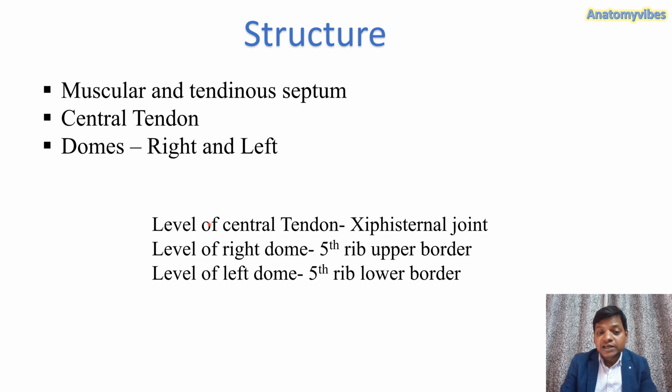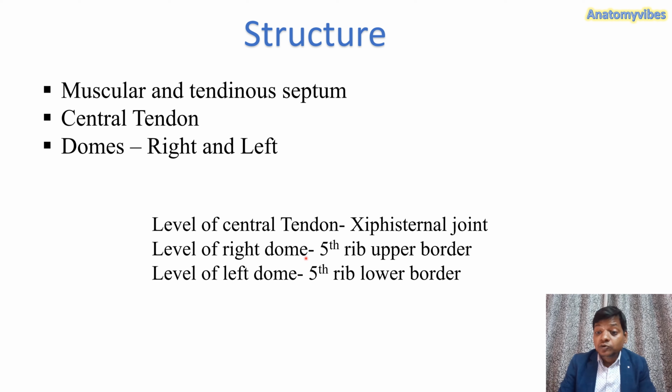So the central part of diaphragm is at the level of xiphisternal joint, the articulation between the xiphoid process and the body of the sternum. Xiphisternal joint is the level of central tendon.